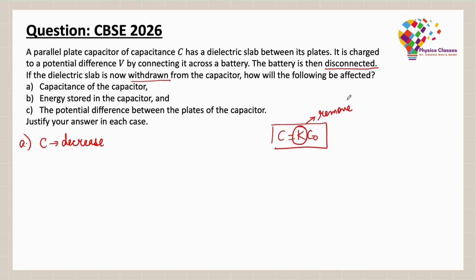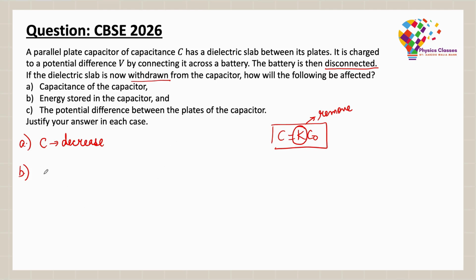Why? Because actually the epsilon changes. When you do not have the dielectric, your capacitance is epsilon naught A by d. But when you put the dielectric inside the capacitor, the epsilon increases, and so does the capacitance. So without it, your C has to decrease.